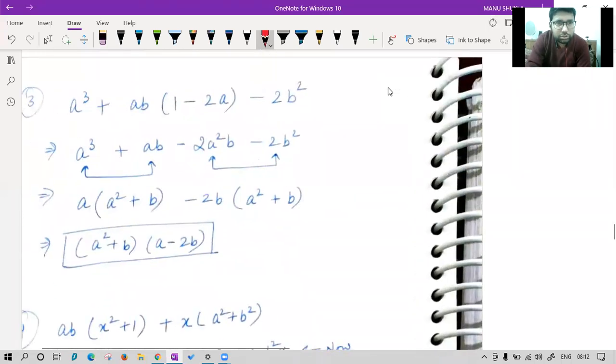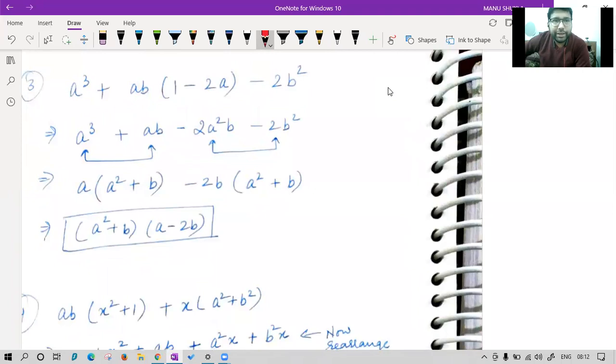Then next is question number 3: a cube plus ab(1 minus 2a) minus 2b square. Although I always tell you people not to open the brackets if possible, in this case, if you observe, I think we cannot do much without opening the bracket. So eventually we have to open the bracket to make the picture clear.